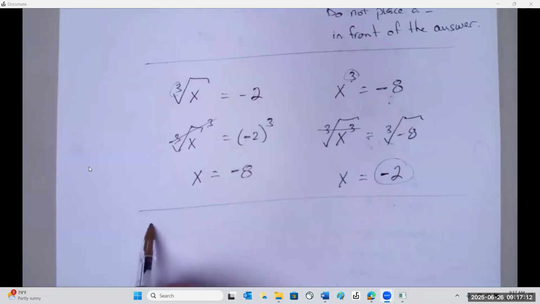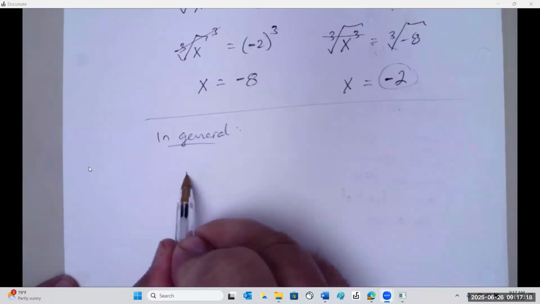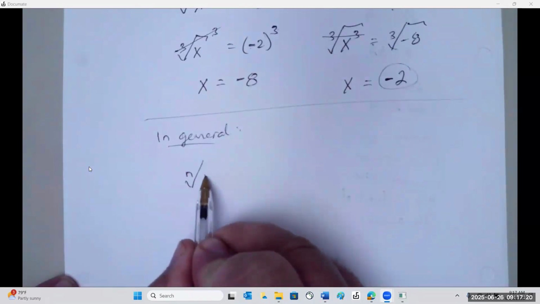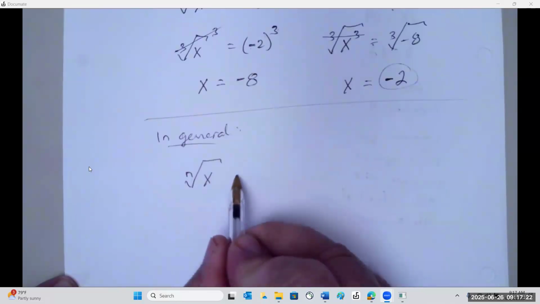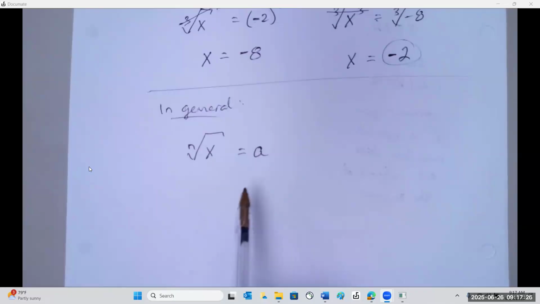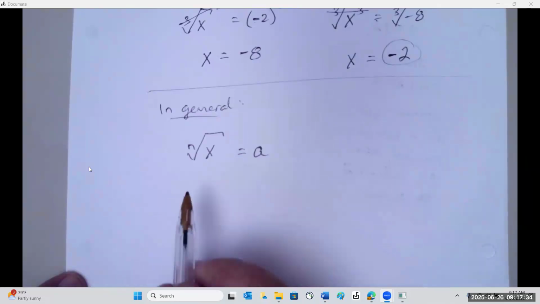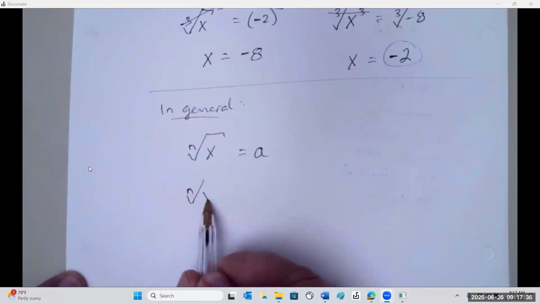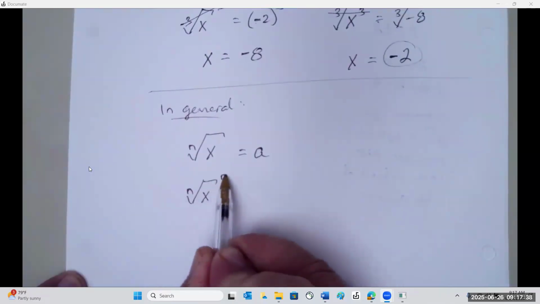In general, if we had the nth root of x equals some number a, how do we solve for x? Whatever's on the root, you put it up here as the power.